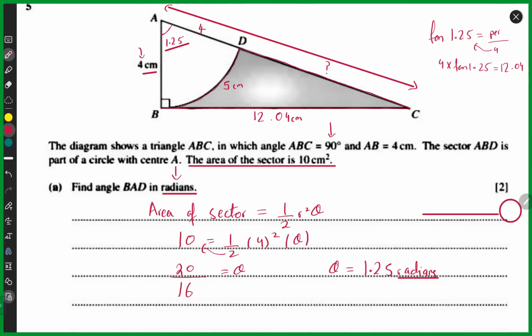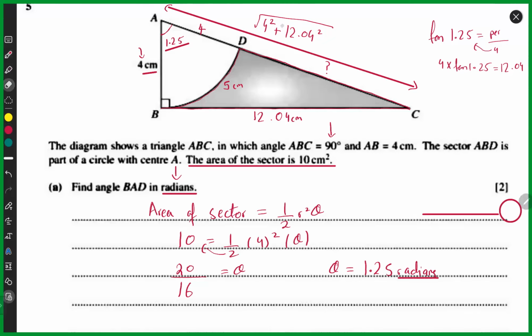And how will you find the entire length using Pythagoras theorem? That would give you the square root of 4 squared plus 12.04 squared. Let's do the working. So it's root of 4 squared is 16 plus 12.04 squared. This is going to give you 12.69.